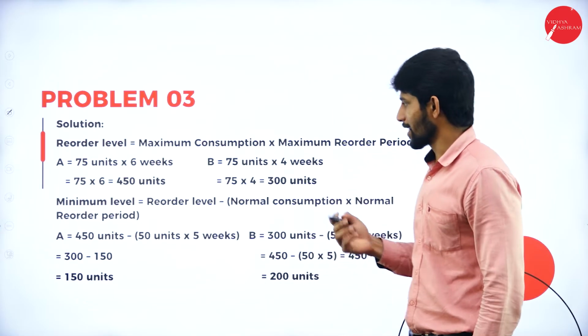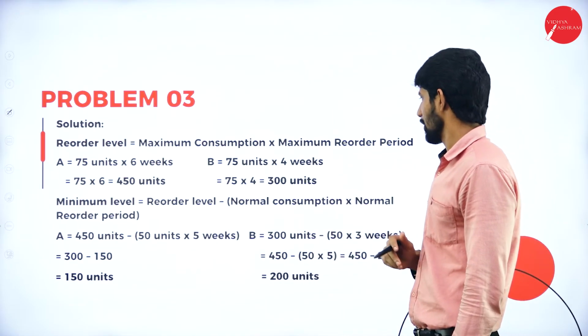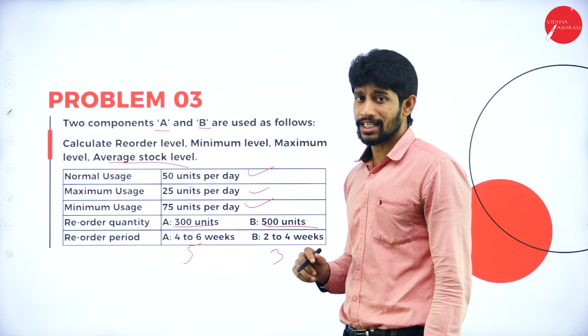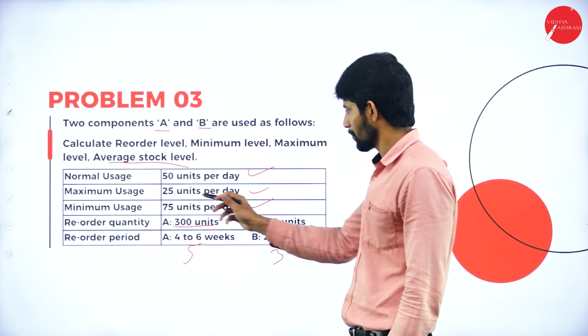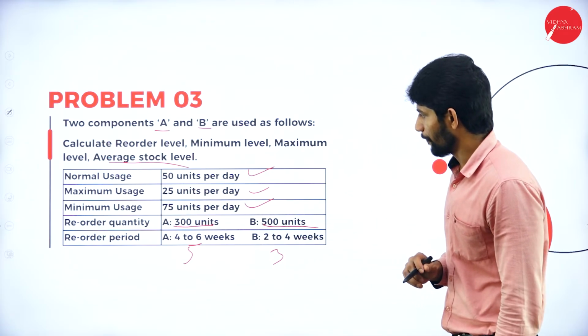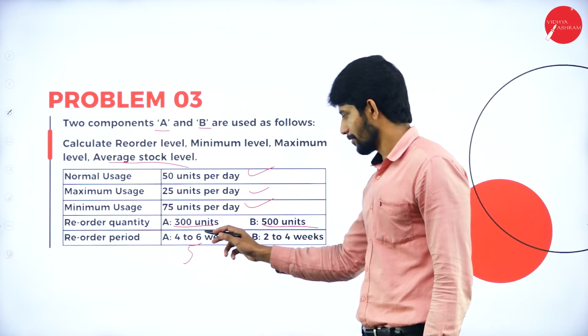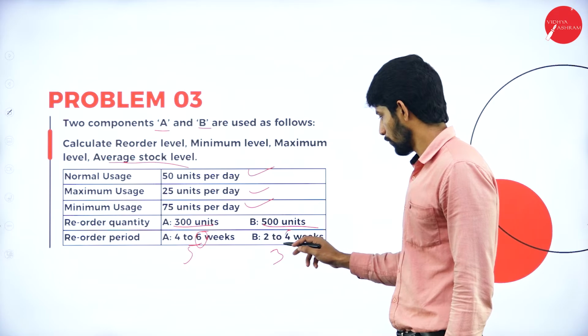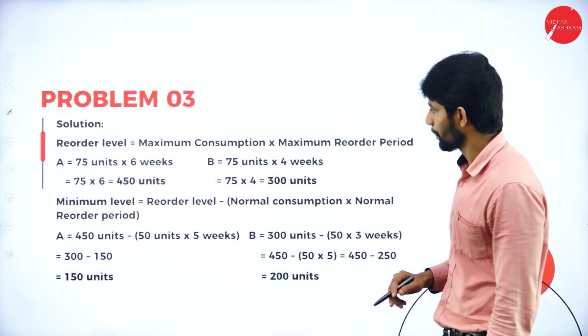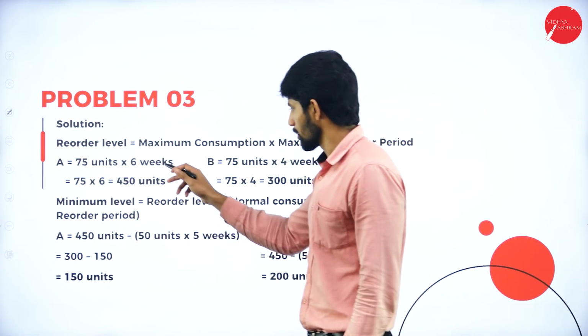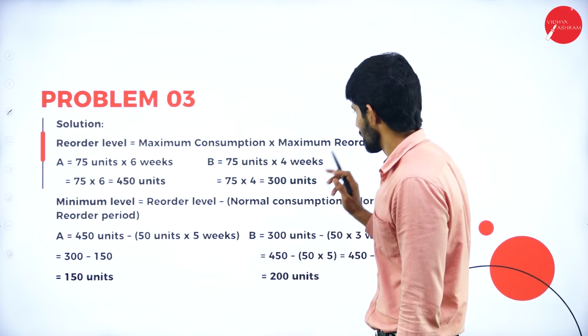So first, reorder level: maximum consumption into maximum reorder period. What is the maximum consumption given in the problem? Maximum consumption is 75 units, and maximum reorder period is 6 weeks for component A and 4 weeks for component B. So 75 into 6 weeks and 75 into 4 weeks.